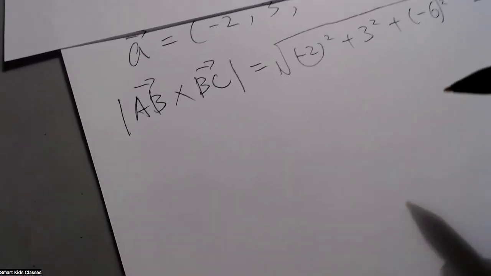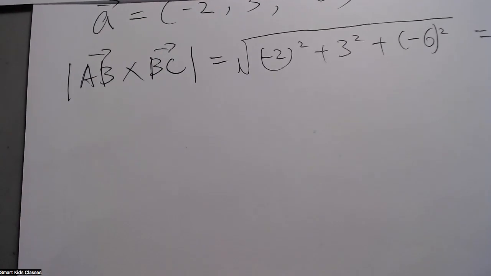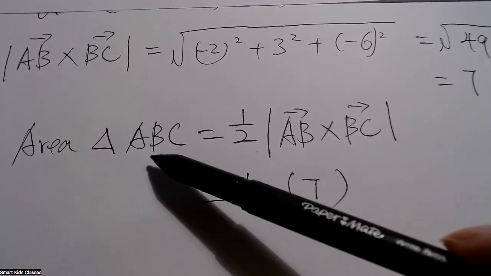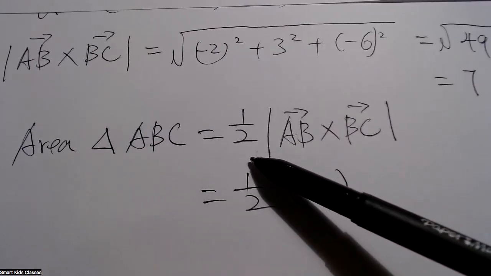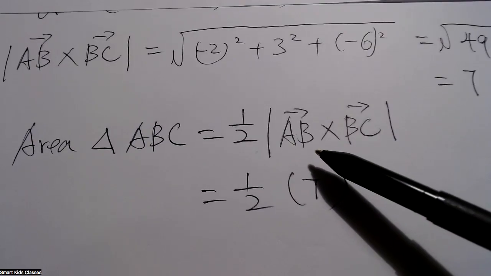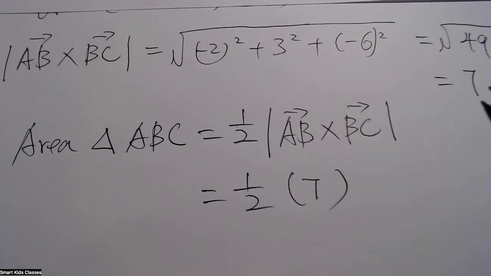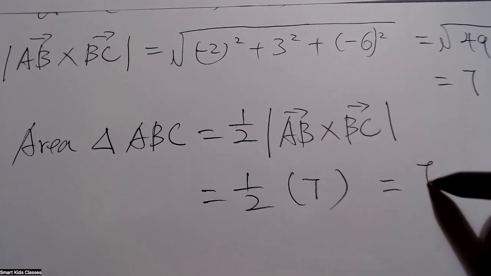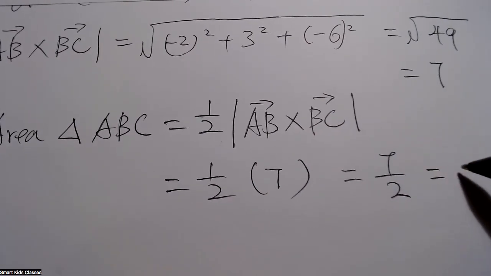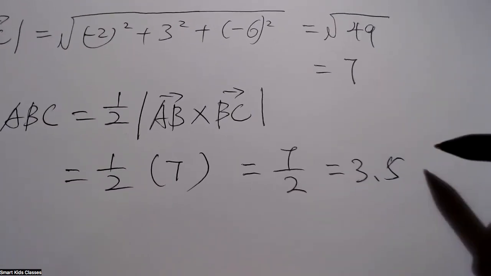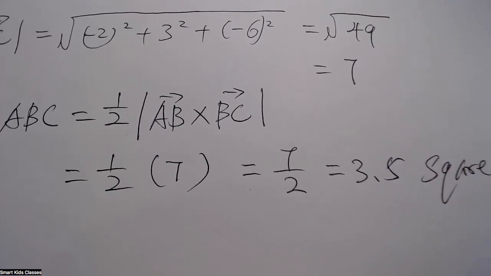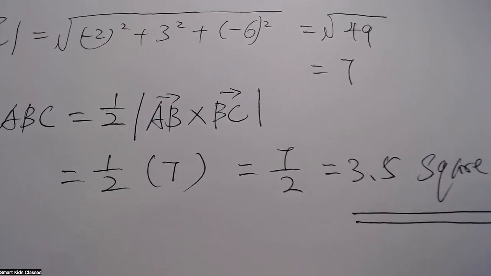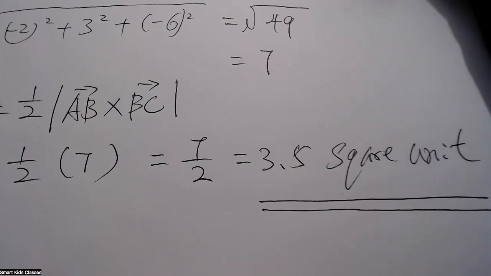We write the formula first: the area of triangle ABC is equal to 1/2 times the magnitude of the cross product, which is 7. Then 1/2 times 7, we get 7/2, or 3.5 square units. So this is the area, the answer we're looking for. So that's how we solve it.